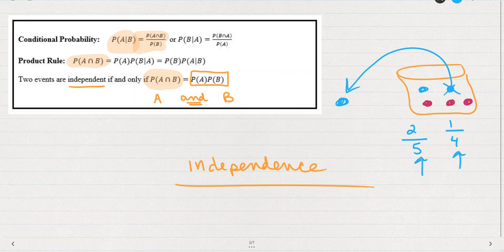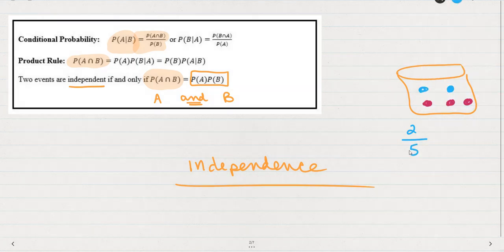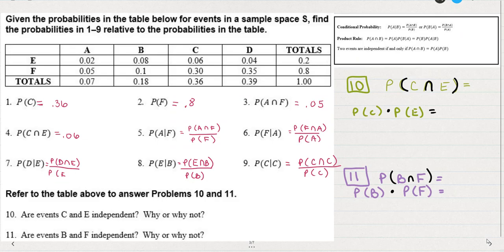On the other hand, if I draw 1 marble and the probability of getting that blue marble is 2 out of 5, and then I put that blue marble back, the probability the second time I draw is still 2 out of 5. That's with replacement. But whenever we're talking about an example without replacement, then the two events are not independent. Well, let's jump into some of those examples.